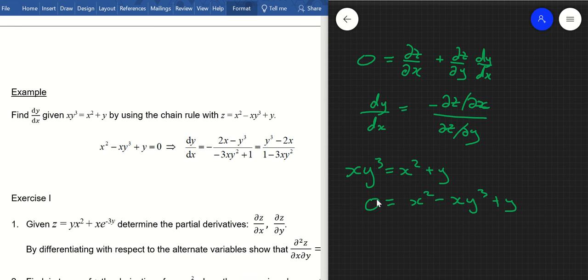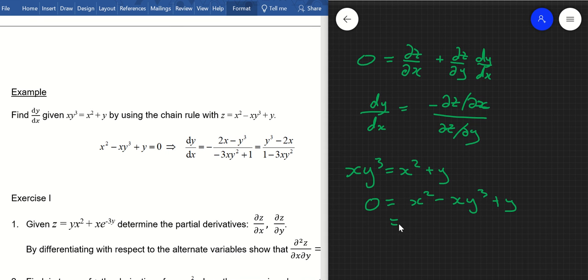Then z is constant 0, which fits in with what we've assumed. And if we say x is t, nothing stopping us, then we can use this formula.